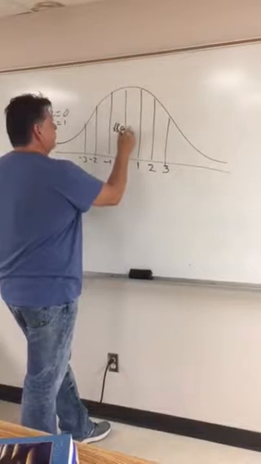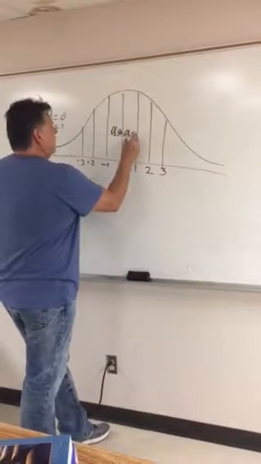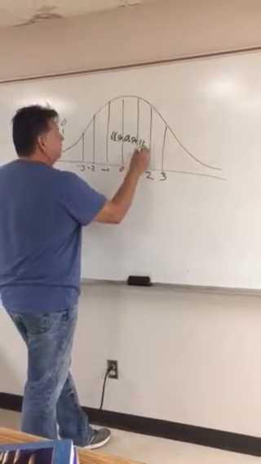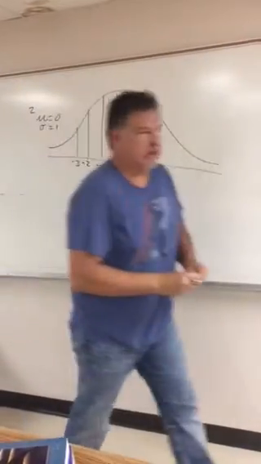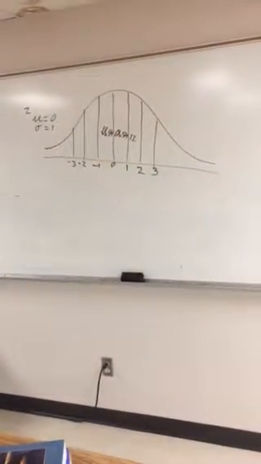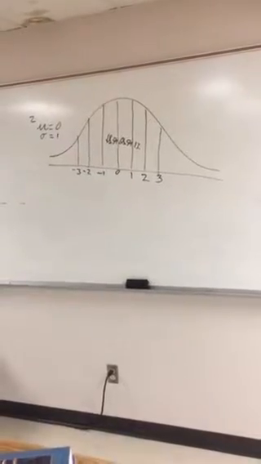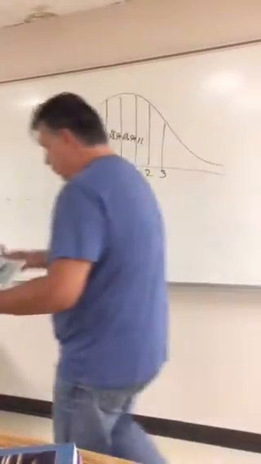68.59, I believe, is what the book says. 13 point, I can't remember. Let me see if I can get that. It's 13.5 or something like that. And of course I don't have it here.